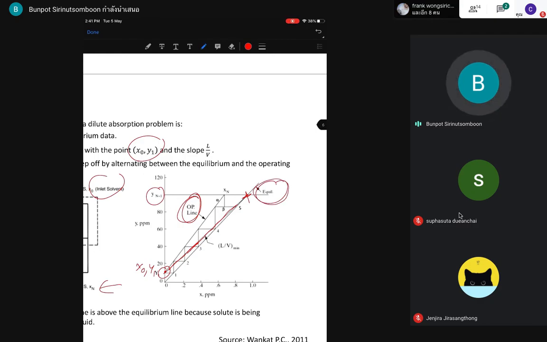For absorption, you can get L over V minimum, when the slope is smallest. The line that gives you the smallest slope is the minimum L over V. This is when you do the absorption.